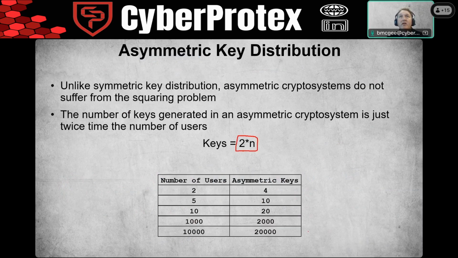So as the number of users goes up, the number of keys is 2n, because there's a private and a public key assigned to each individual user. We call that a keyed pair. It's a public and a private key. So it really makes sense that 2 times n is how we would figure that out.